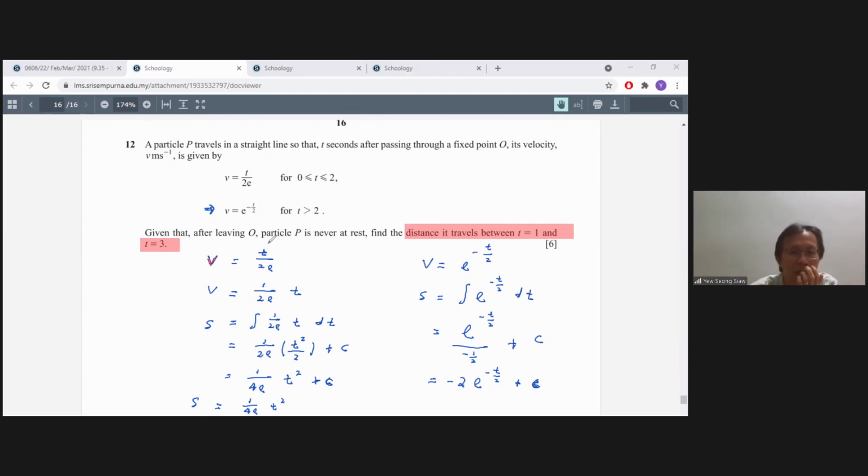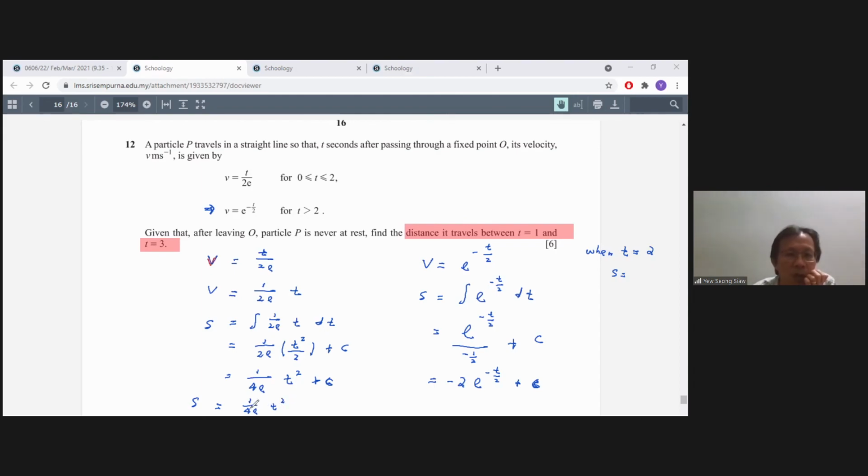So you have to calculate: when time equals 2, what is your position? When time is equal to 2, you use the first equation. Put the 2 here, 2 becomes 4.